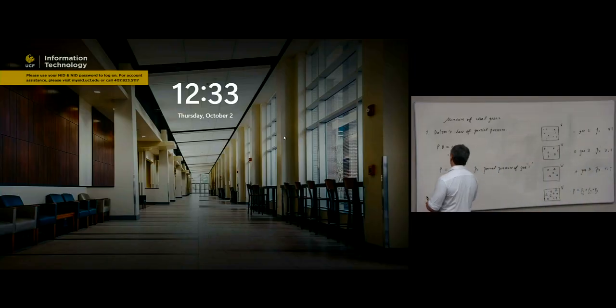So we put this equation together, and what do we have? We have sigma i P_i V equals sigma i n_i RT, and then P_i V equals n_i RT.